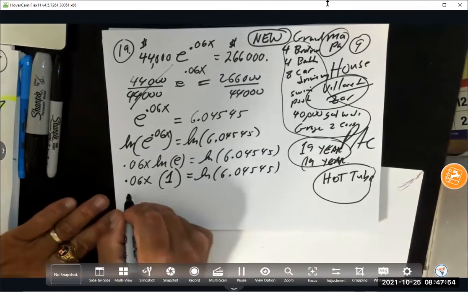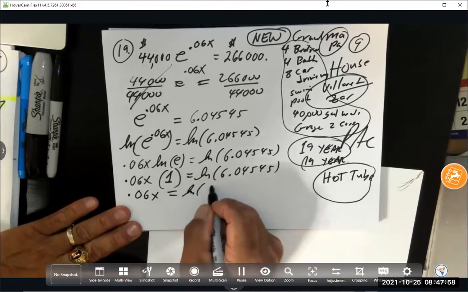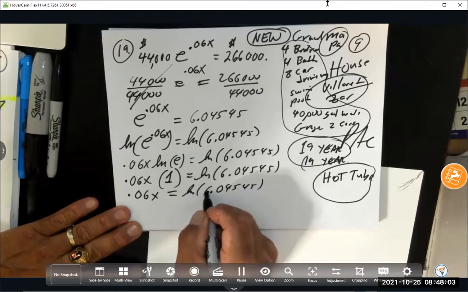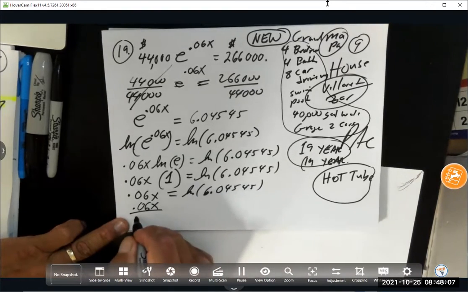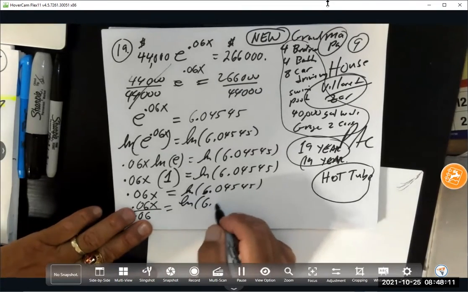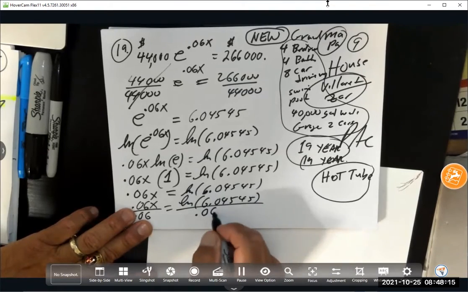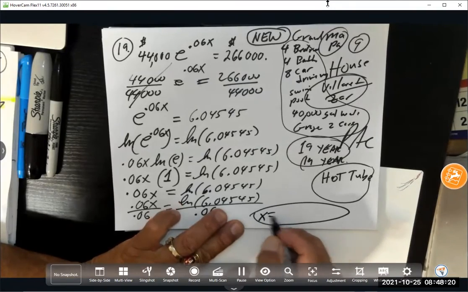All right. So now this is going to be 0.06x equals the ln of 6.04545, like that. So now I'm going to divide this side by 0.06, and I'm going to divide this one also by 0.06. And like I say, you don't need to use all the decimal numbers.